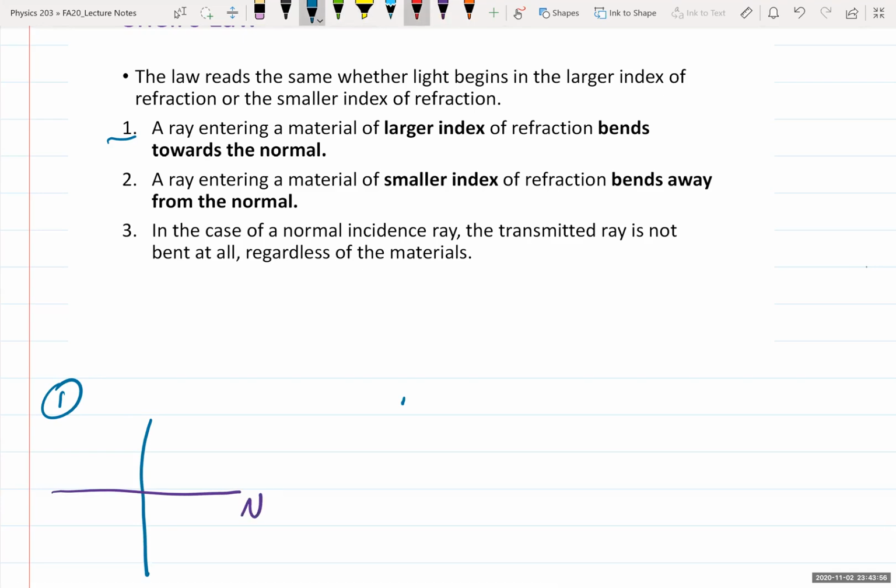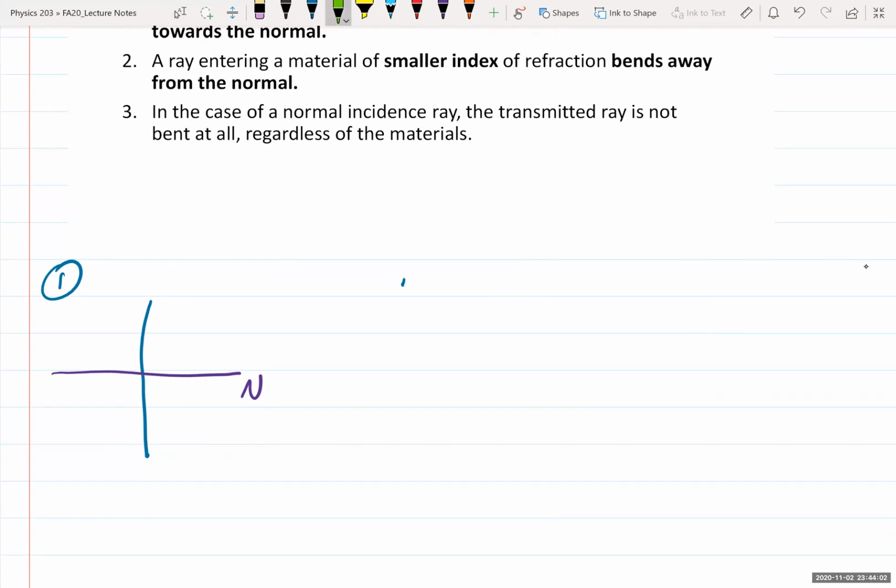And I have my ray coming in. This is theta sub A. The refracted ray is going to bend towards the normal. This would be theta sub B. So the refracted ray will bend in this direction.